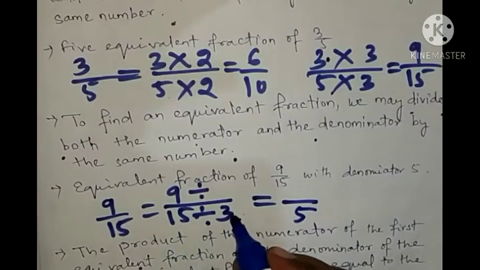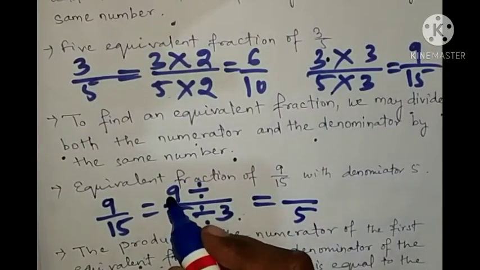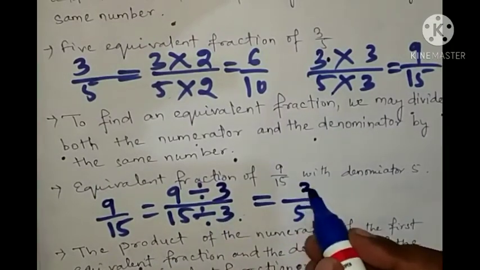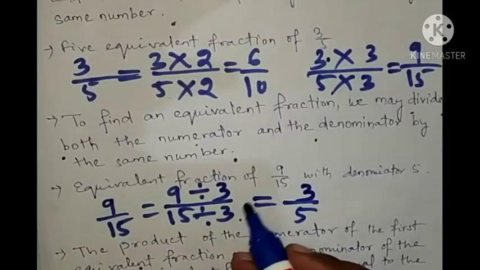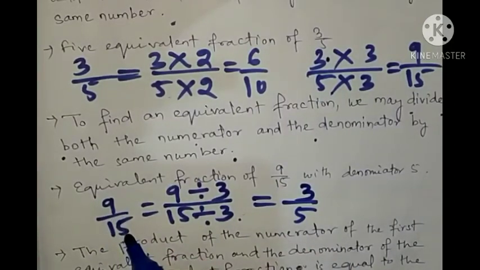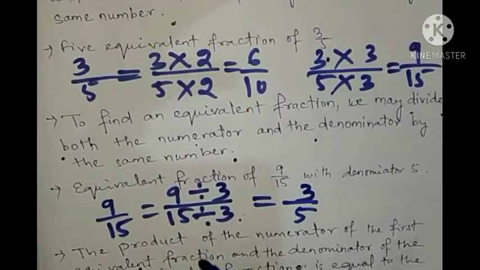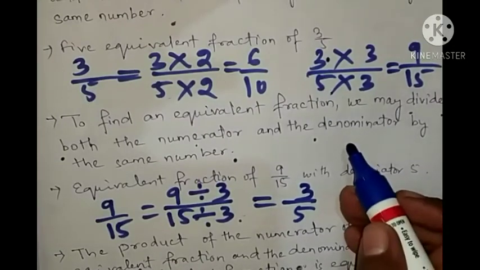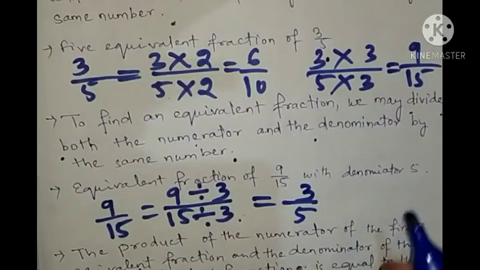If you are dividing 15 by 3, then you will divide 9 by 3 also. So 9 divided by 3 equals 3. So you can find the equivalent fraction by multiplying the numerator and denominator with the same number, or you can divide the numerator and denominator by the same number. Okay.